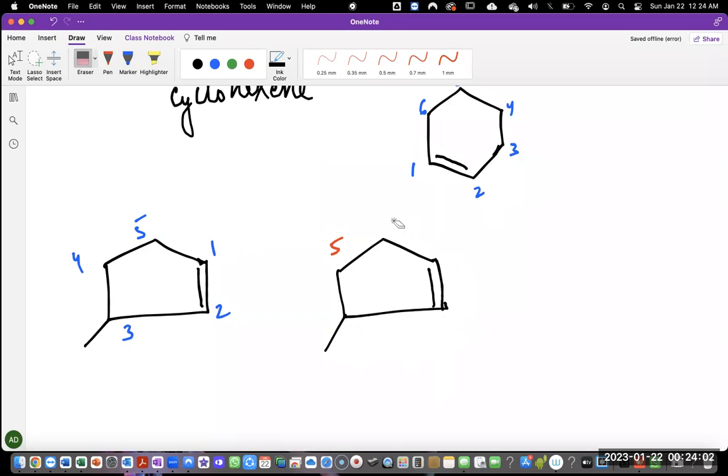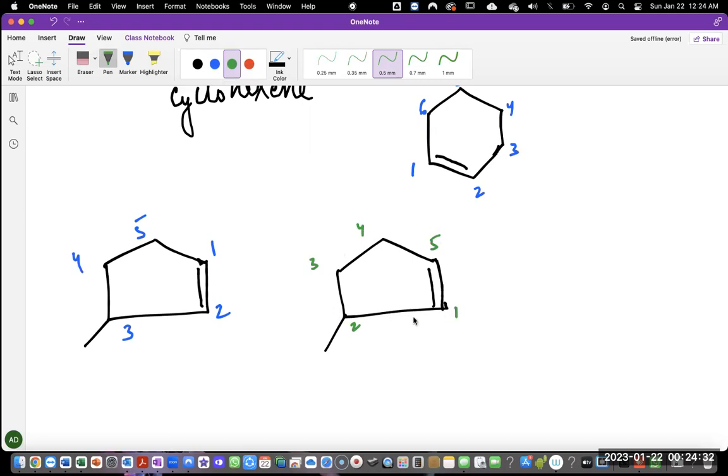Okay, now it might come to your mind that you want to number it a third way, which is also incorrect. So let's take a look at that. Okay, so if I go this way, 1, 2, 3, 4, 5. If I go this way, I'm not following the double bond correctly, because when I say that it's a cyclopentene and it's a 1-cyclopentene, then the double bond will actually fall between 1 and 2 if I do the numbering this way.